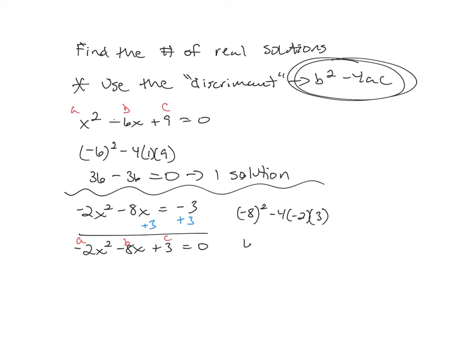So -8 squared is 64. Negative and negative is +8, 4 times 2. +8 times 3 is +24. And I get 88. Okay, 2 solutions. Okay, positive number, 2 solutions.